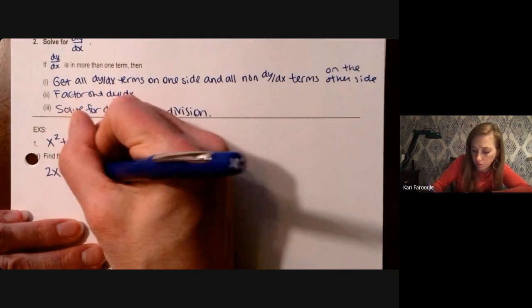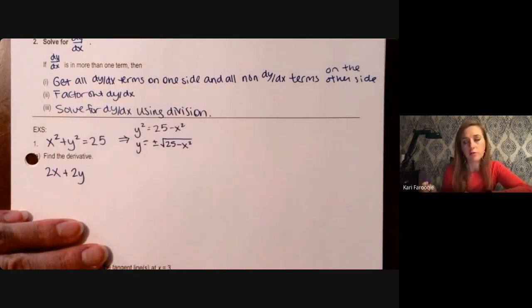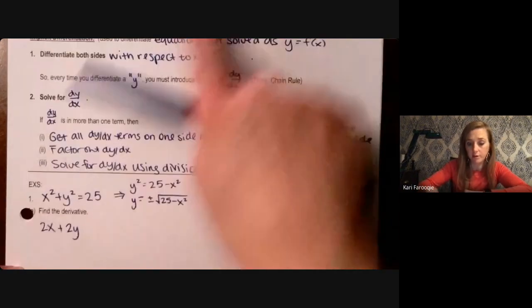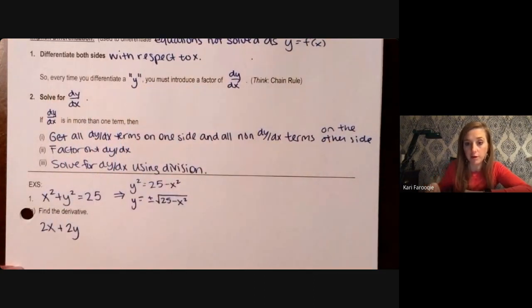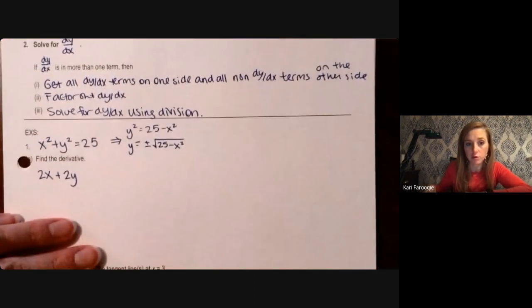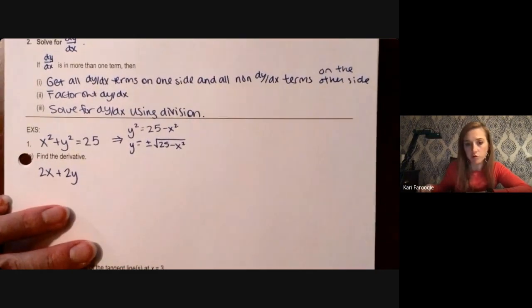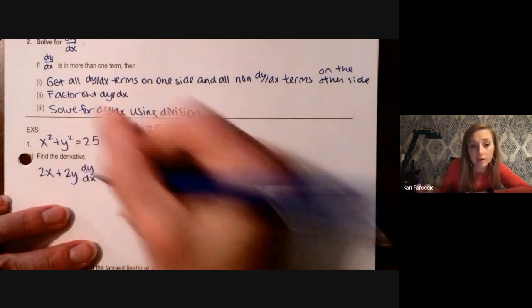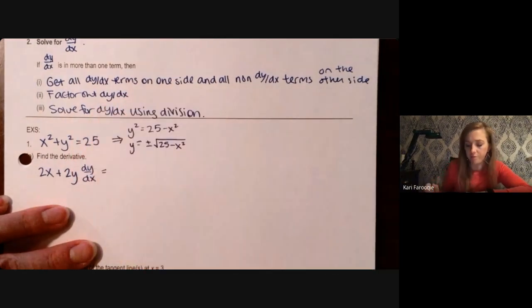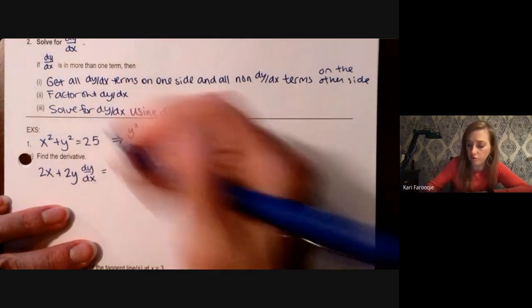The difference is you're now taking the derivative of y with respect to x. Every time you differentiate a y, you must introduce a factor of dy dx. So this is where that chain rule comes into play, used a little bit differently here. So we're going to introduce this factor of dy dx equals, and then the derivative of 25 is 0.